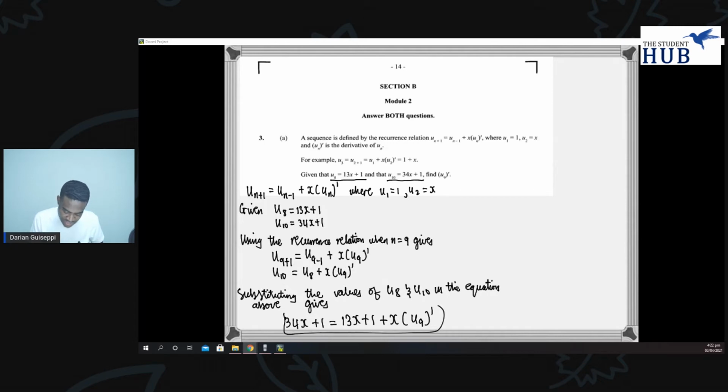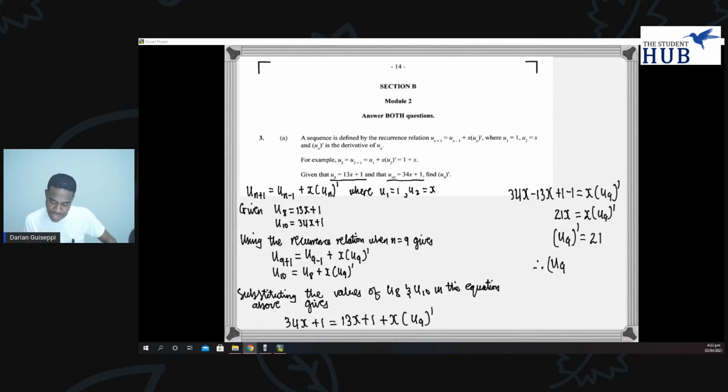This is what we get up to this point. So it's looking nice. All we have to do now is make this the subject of the formula, because remember, the question asks us to find u subscript 9 prime. So that's what we do next. We make u subscript 9 prime the subject of the formula, and this is where the question really boils down. It's simple stuff here.